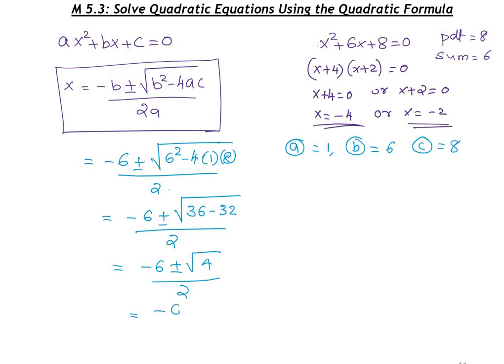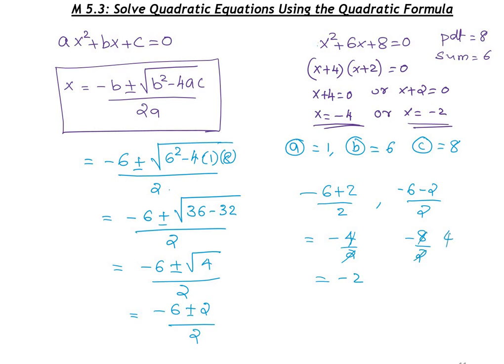That is negative 6 plus or minus, we know square root of 4 is 2, divided by 2, and that is negative 6 plus 2 divided by 2, or negative 6 minus 2 divided by 2. That is negative 4 over 2, negative 8 over 2, negative 2, negative 4. See? We got the same solutions, x is equal to negative 4, x is equal to negative 2.